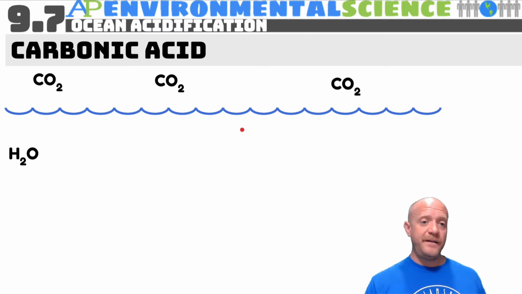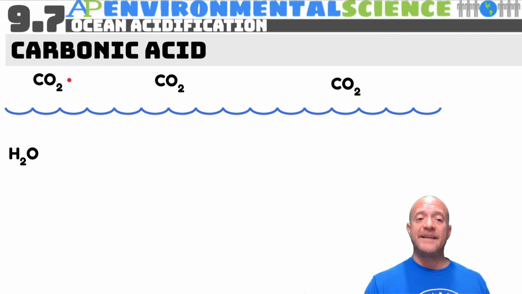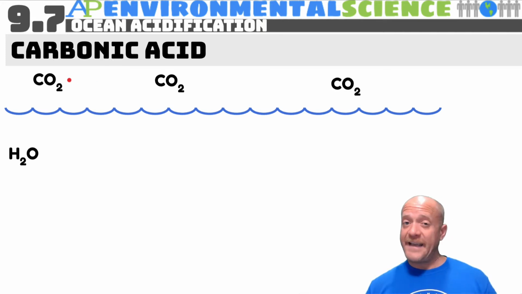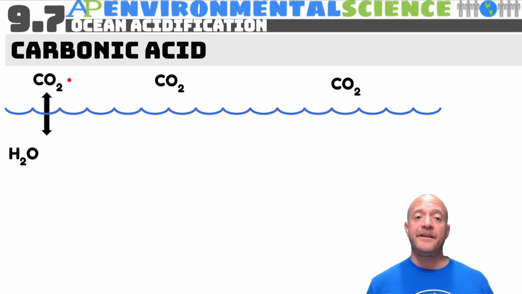Now, what does this mean? Well, in the ocean, which is predominantly water, there are other elements present, but we're just talking about water right now. And then you have your atmospheric carbon dioxide. Carbon dioxide is a gas, and it has a low solubility in water, but it's still soluble to some degree. So this reaction is actually reversible.